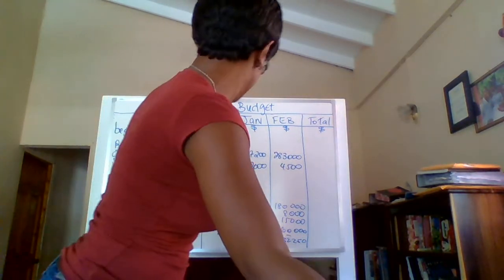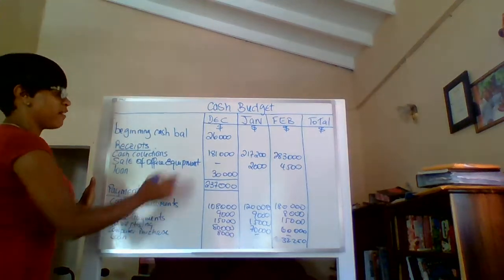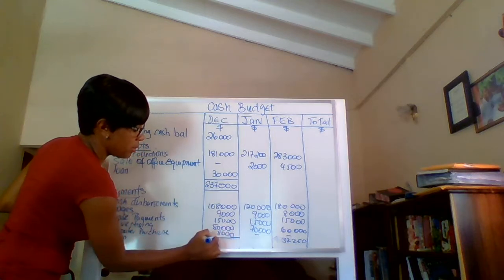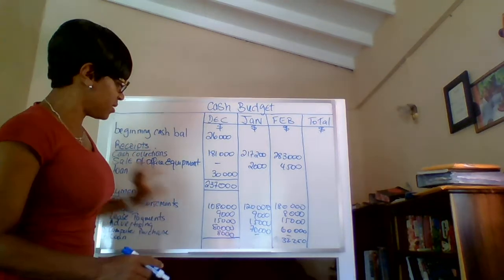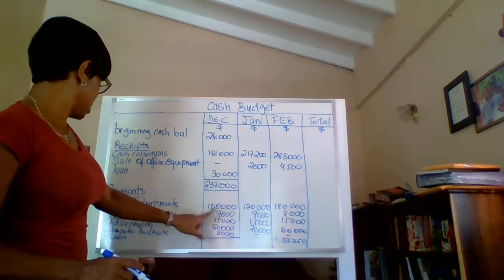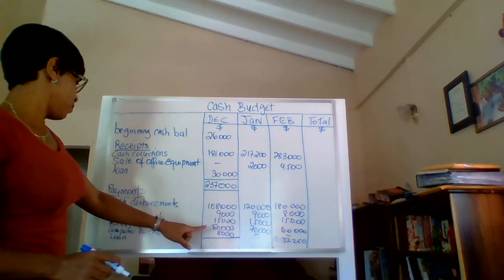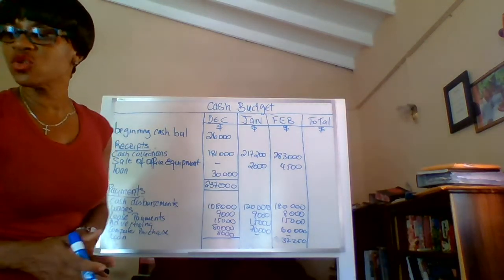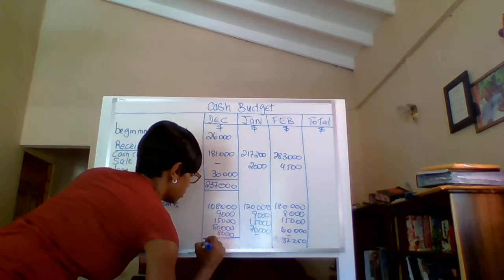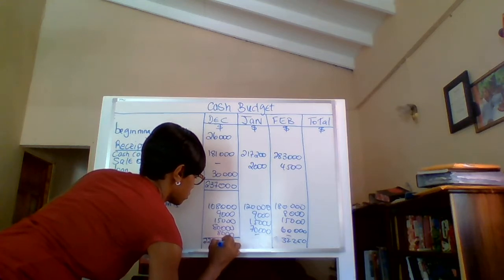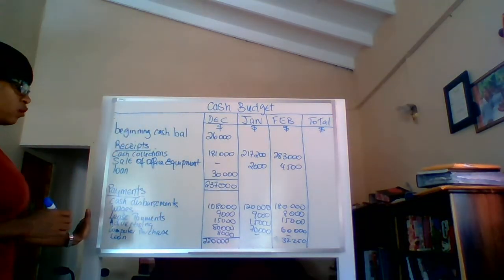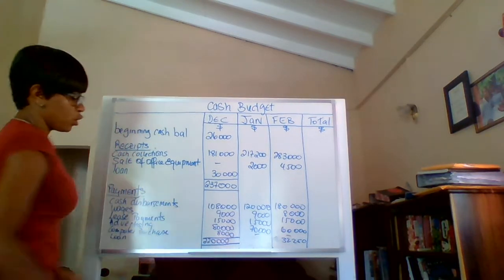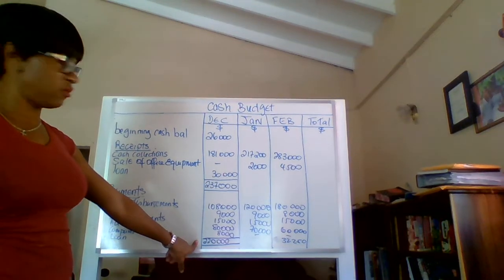So let us look at this. We have totaled our receipts for December. Let us total our payments. Our total payments, cash disbursements, wages, lease payments, advertising, computer purchase for December totals 220,000. So this is your total payments figure.